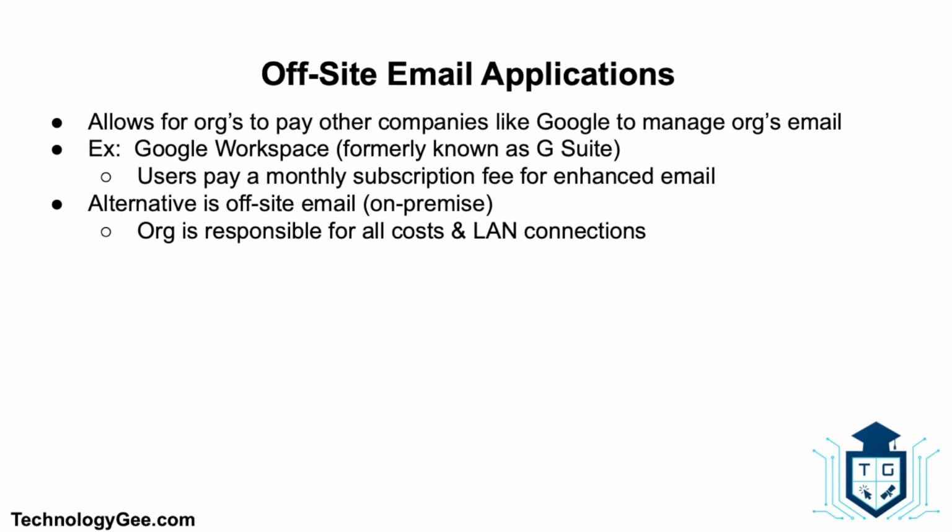The alternative to off-site email is on-site email, also known as on-premise, which means that an organization is essentially responsible for all the costs associated with purchasing, powering, and maintaining the server equipment, and the company's LAN provides access to the on-site email applications.